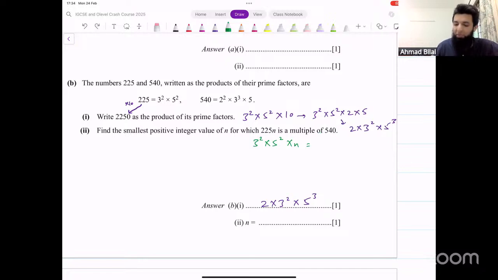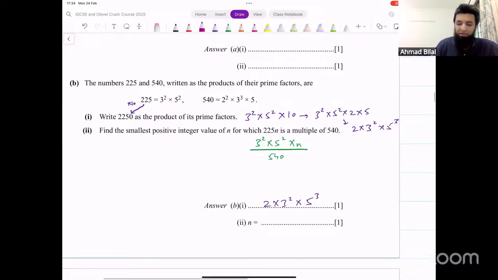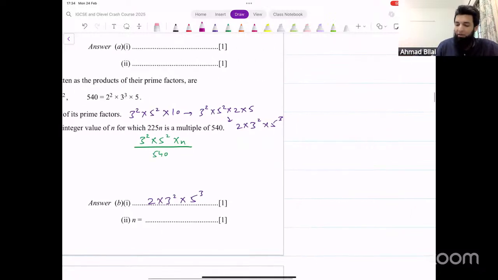Okay, that means if we divide this number by 540, we should get an integer, right? For example, if we have 20, that's a multiple of 5. 20 over 5, what does that give you? That gives you 4. This means that 20 is a multiple of 5.